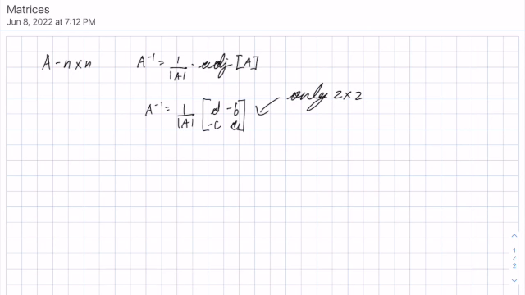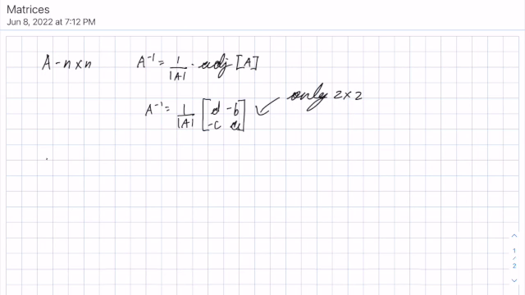So I guess a logical conclusion is if you were to use this formula on a 2 by 2 matrix, then you'd realize the adjugate of A, only for 2 by 2 matrices, is this weird matrix that I found here.